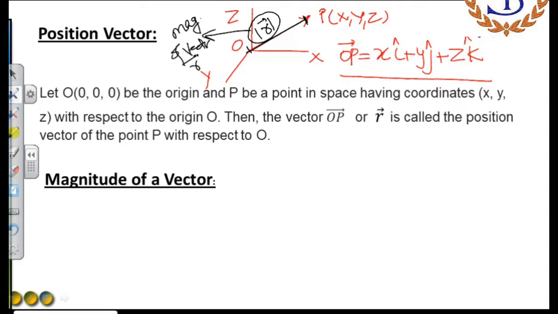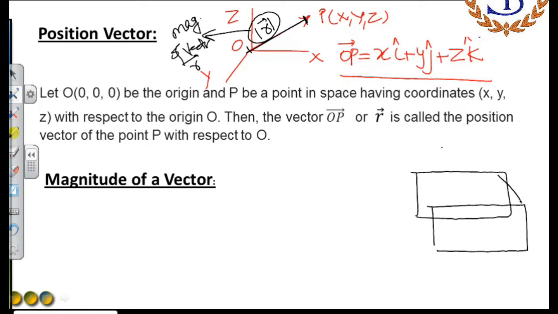In a three-dimensional coordinate system, suppose here I am drawing a cuboid and considering this particular point.